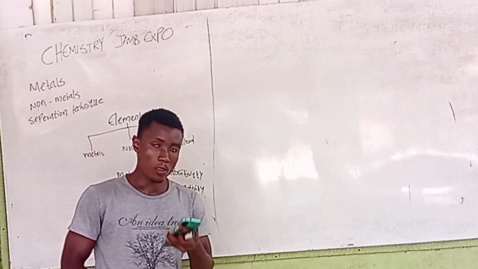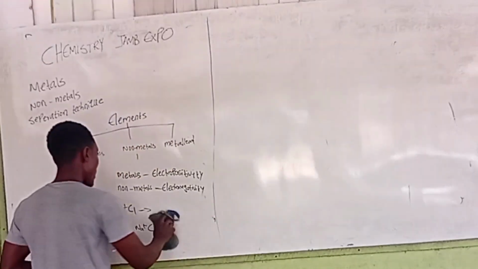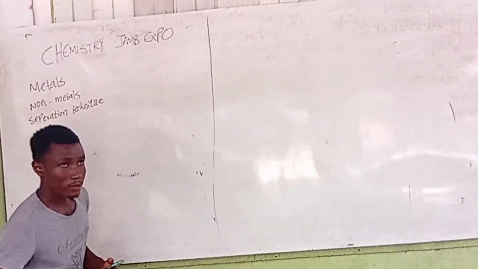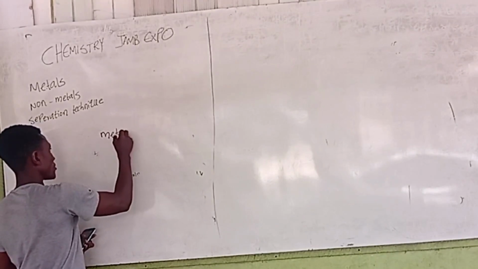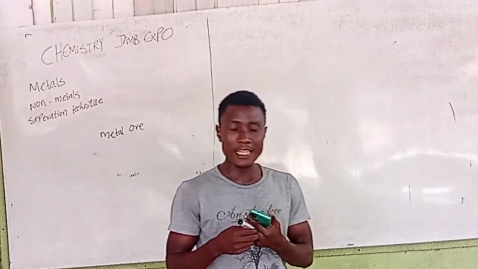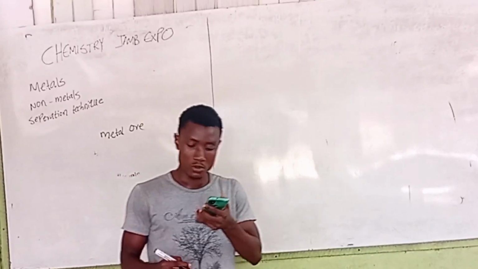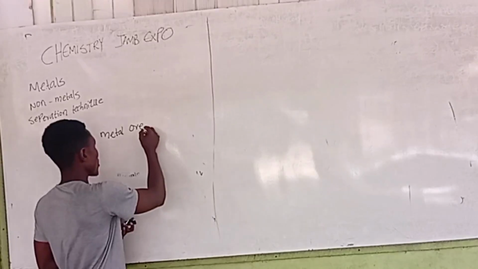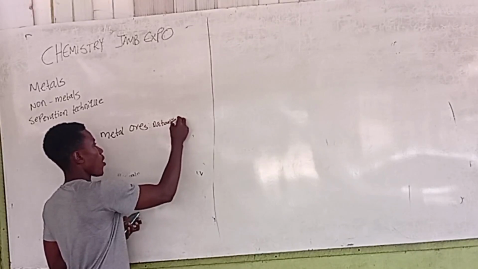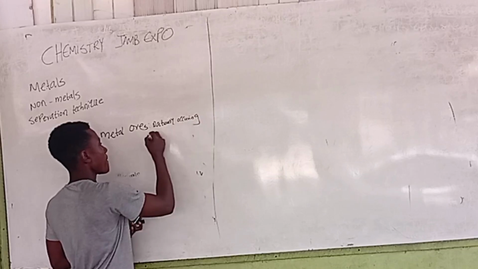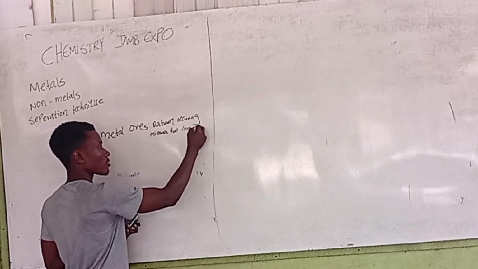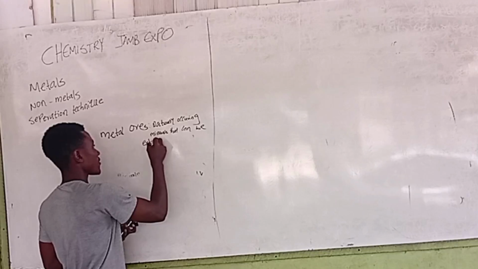So let's talk about what an ore is. You might have heard about this concept known as metal ore. So what is an ore? Ores are naturally occurring minerals that can be extracted from metals.